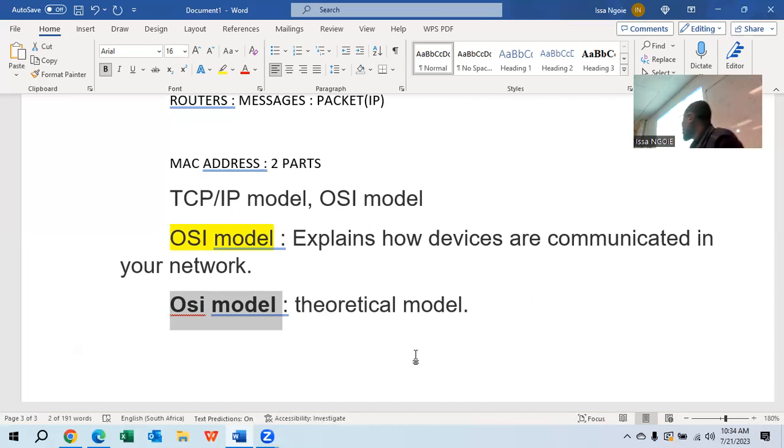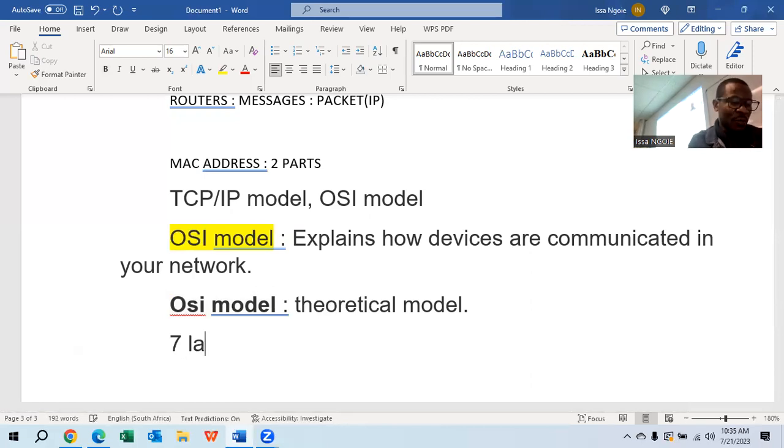Okay, the OSI model is what? The OSI model is a theoretical model. This model will explain how computers can communicate. But this model says that for devices to communicate better, they must go through 7 steps.